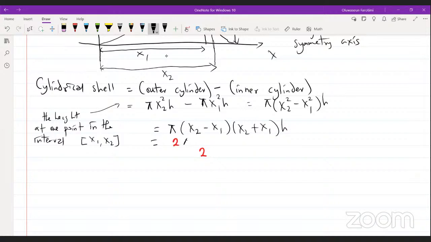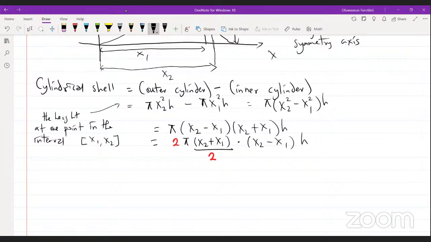So this is pi times x2 plus x1 all divided by 2, multiplied by x2 minus x1, and you have the h.